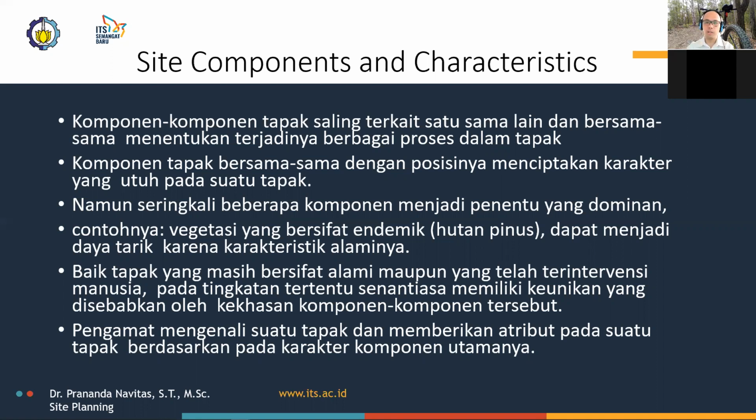You do not want to remove too much of any endemic vegetation, because they may serve as habitats for native animal species, and that again adds to the character of the site, adds to the character of the place.